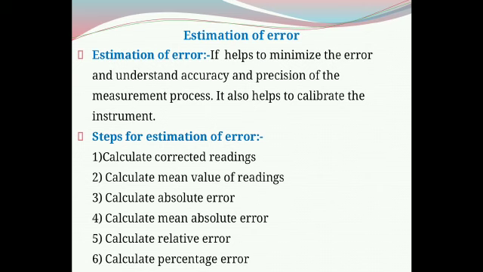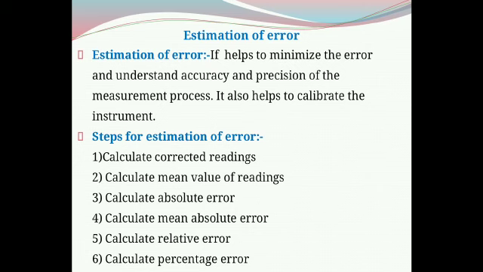It also helps to calibrate the instrument. In the quality control department, it helps to take a decision whether the measured job is to be selected or rejected with known tolerance.